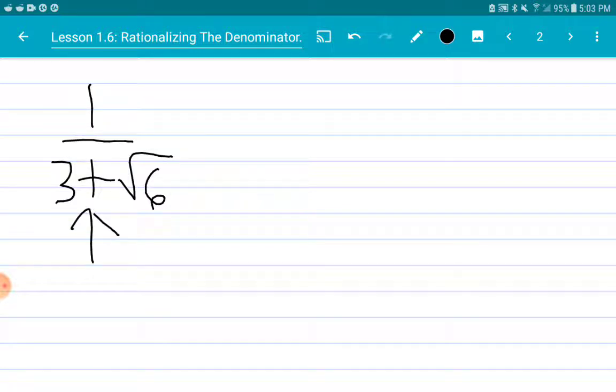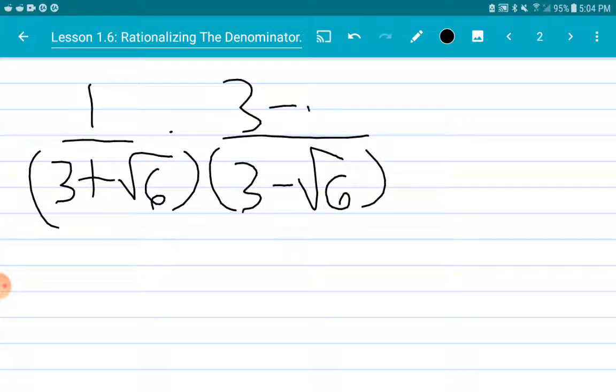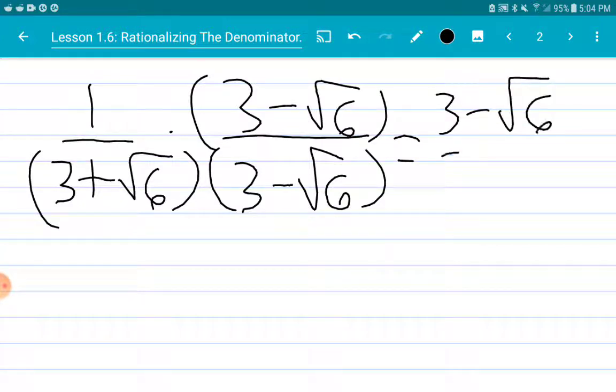In this case it is addition, so the inverse of addition is subtraction. So we want to multiply the top and bottom by 3 minus the square root of 6, and then 3 minus the square root of 6. So then that will equal 3 minus the square root of 6 over.